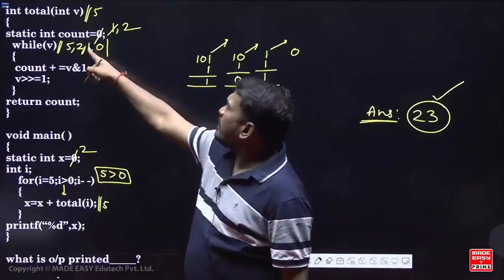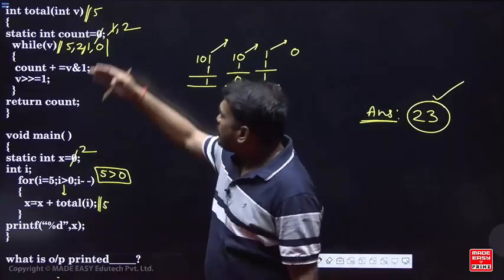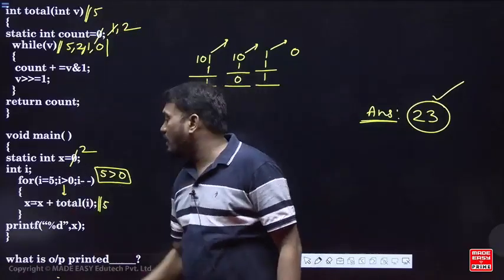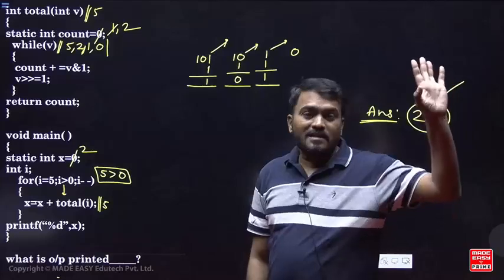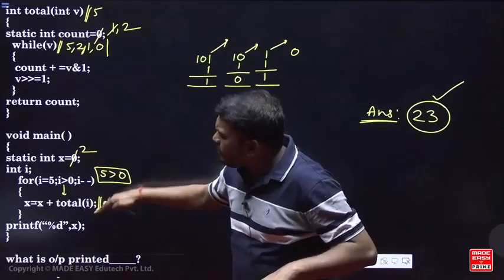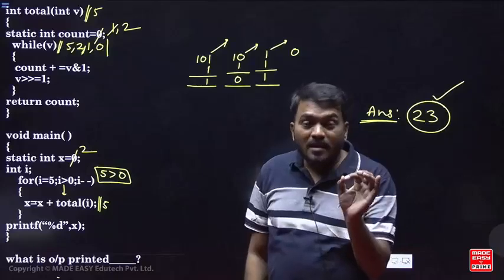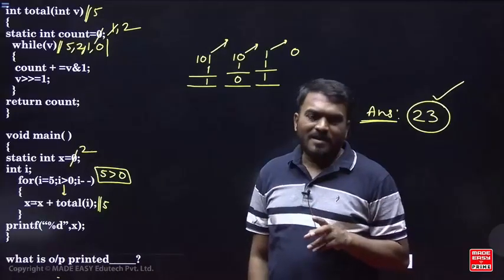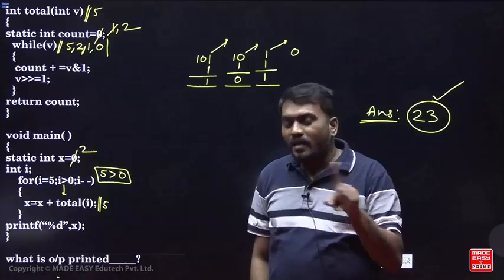So count is incremented how many times? 2 times. That is the reason the count value is 2, and that is returned by the total function. Is this clear? So whatever value you are passing, it is checking how many ones are there in the binary format.